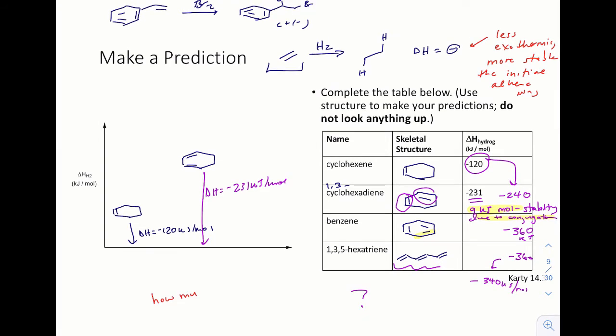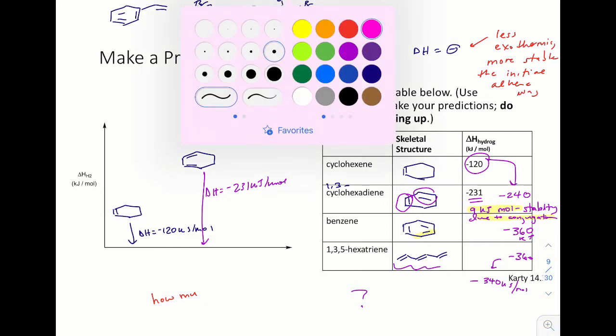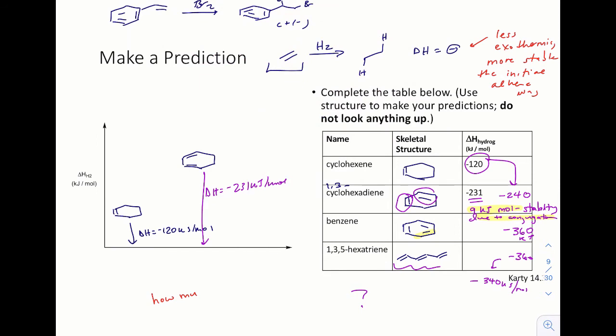What we'll do next is look at the actual heats of hydrogenation data. But let me just be sure that we're all on the same page before we do. We're using cyclohexene as a benchmark. It has an isolated double bond. We've already examined going from cyclohexene to cyclohexadiene. It's not as simple as going from 1 to 2 isolated double bonds.